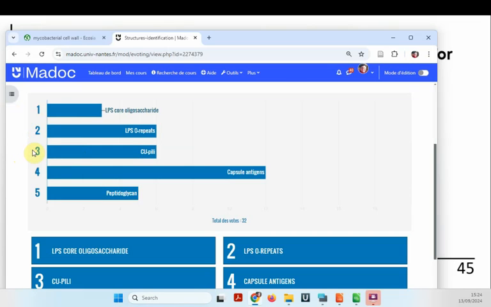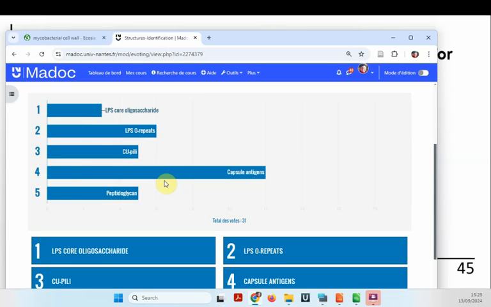CU pili is the opposite, it's too variable. Okay, there are a lot of different types, and the same bacterium can have more than one type at the same time. So that means it's just too complicated. O repeats and the capsule antigens are variable between strains of the same species, but each bacterial strain will just have one K antigen or one O antigen.